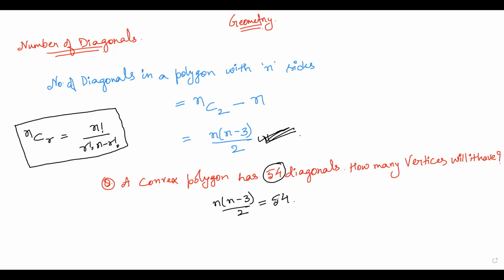Now, this would be a quadratic equation, and when we solve this, we'd be getting the value of n to be 12. So, the number of vertices or the number of sides that this convex polygon has is 12. So in this way, we can directly use this formula to find the number of vertices or sides.